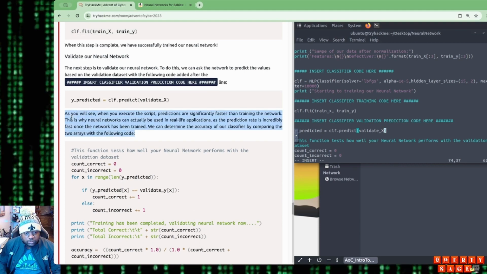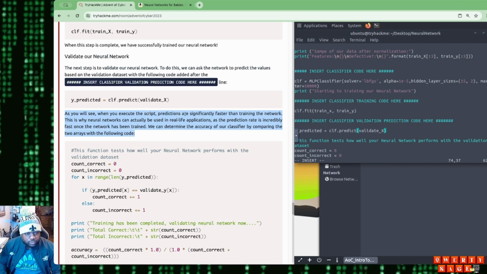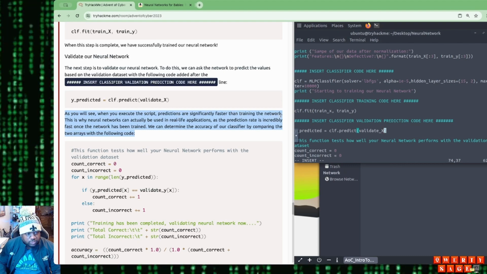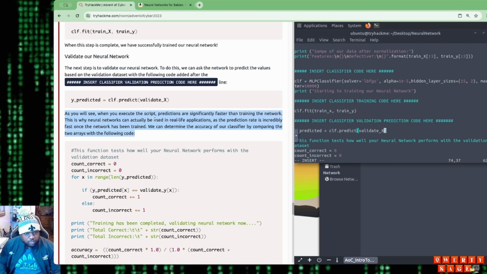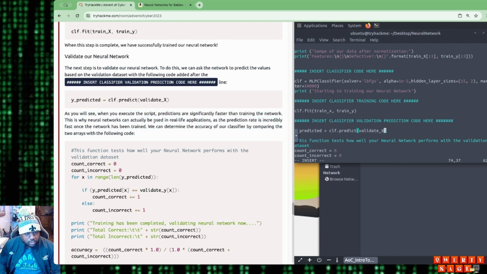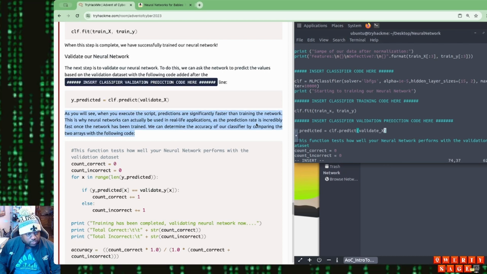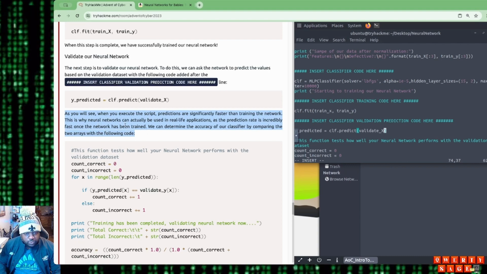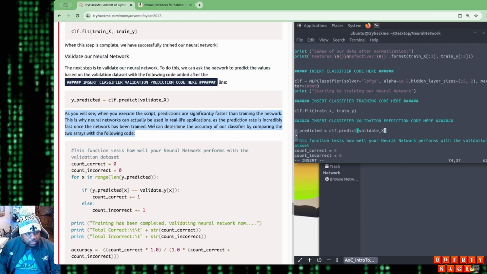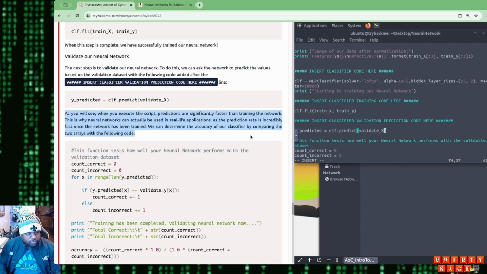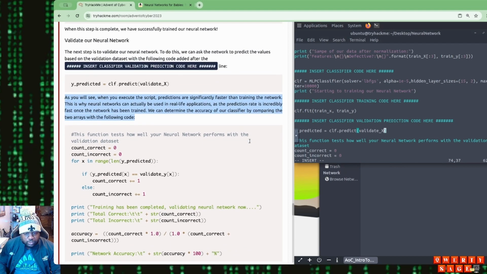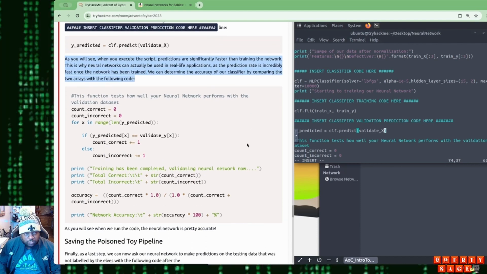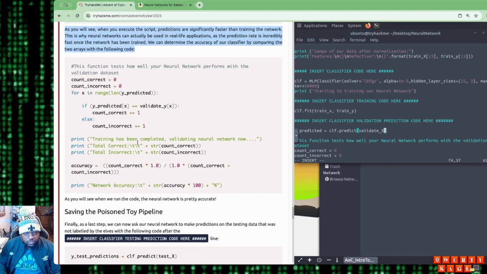So when you execute the script, predictions are slightly faster than training. This is why neural networks can actually be used in real life applications, as the prediction rate is incredibly fast once the network is trained. We can determine the accuracy of our classifier by comparing the two arrays with the following code.